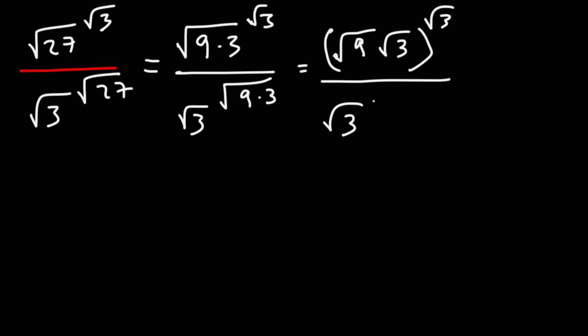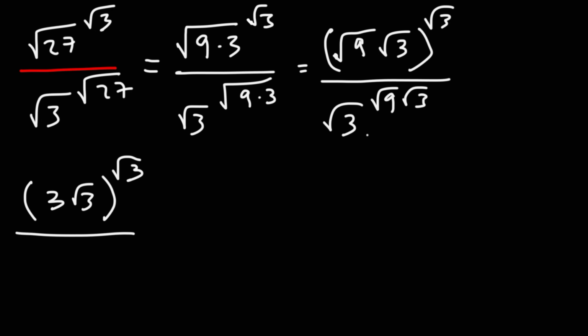And we could do the same thing for the other one. Now, the square root of 9 is 3. So we have this right now on top. And we can convert this to a 3 as well. So we have this at this moment.